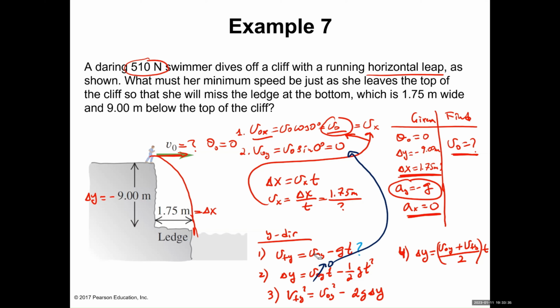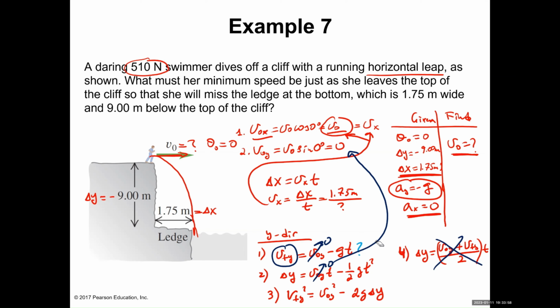But you're right, final velocity we don't have. That means equation 1 is useless to us because we have 2 unknowns. I want time, but I also have final velocity as unknown, which is the same reason this equation is ruled out, because it has time and final velocity there.